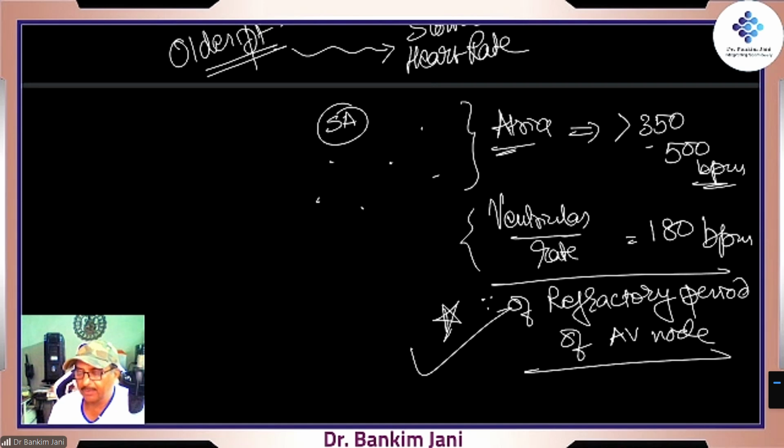Because in between there is the AV node, and that AV node acts as a barrier. It has a refractory period. So during that phase, anything spoken to the AV node, it will say, I'm not listening. So one signal, no response. Second signal, no response. Third signal, and it goes through. So that's why this happens.